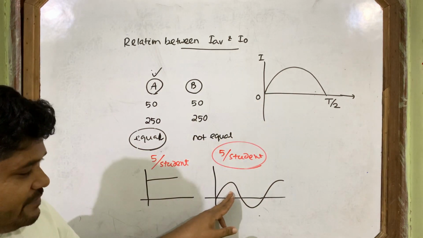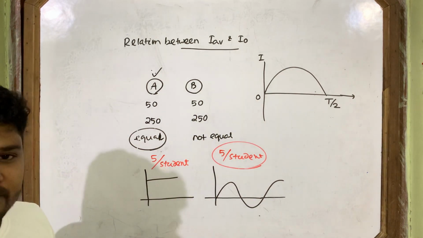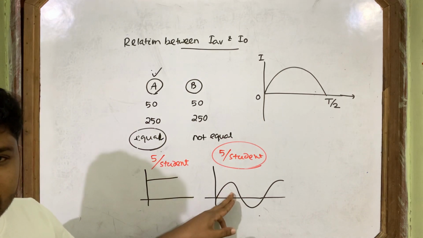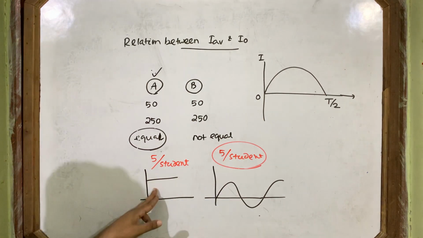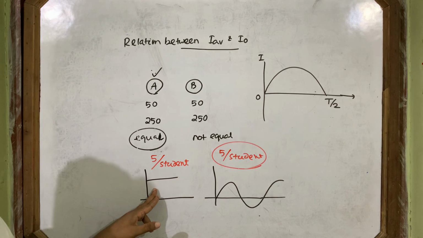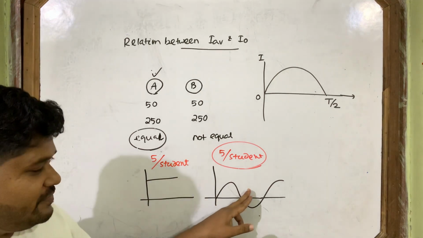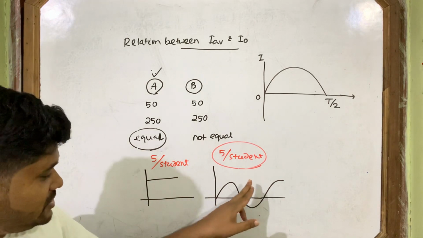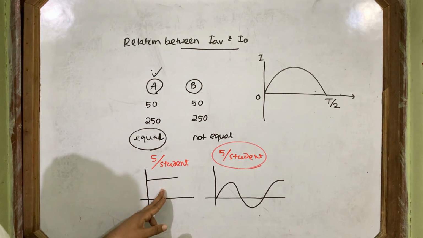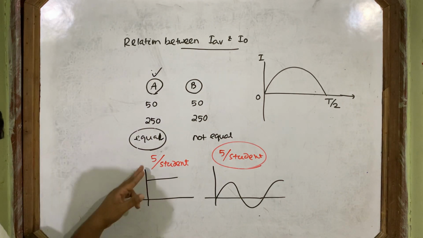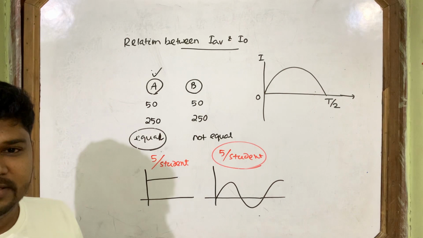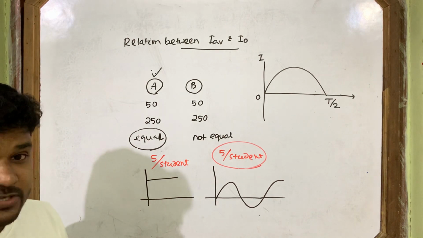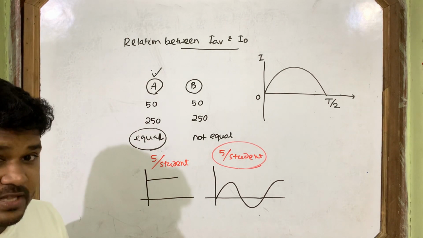If you can't find the average value here, then what to do? You do one thing: you just look to the direct current. Take that value of direct current. But we should apply a condition.